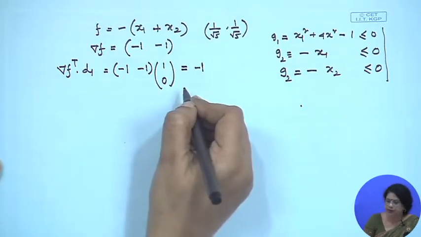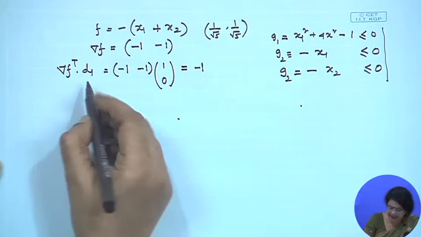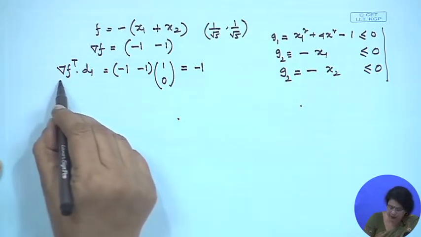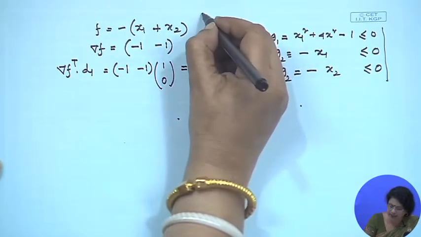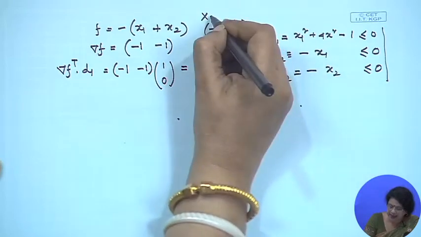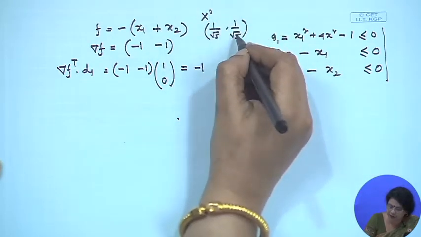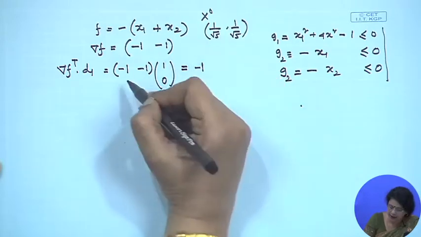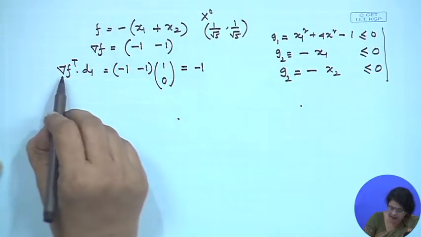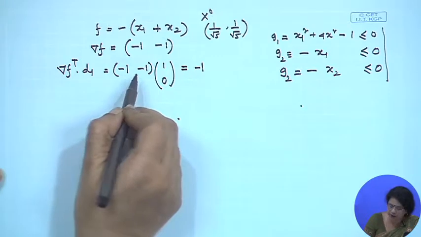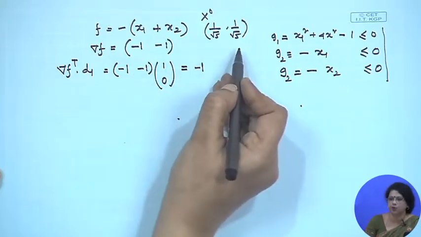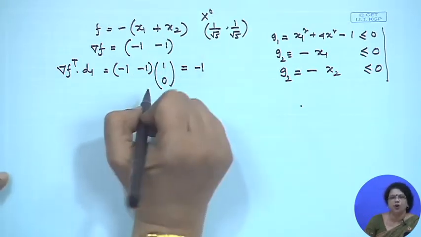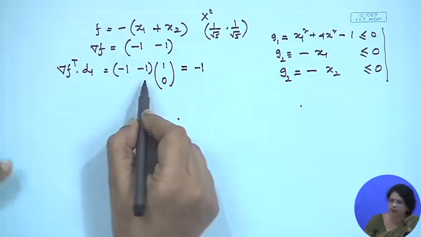Okay. Now, one thing is that the point has been given here as x naught, 1 by root 5, 1 by root 5, but there is no effect on it because the gradient of f is not a function of x1, x2. That is why always the grad f would be (minus 1, minus 1).